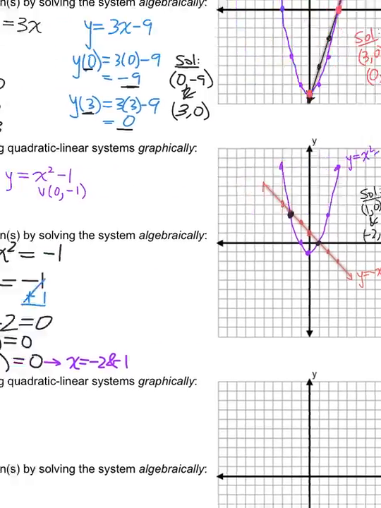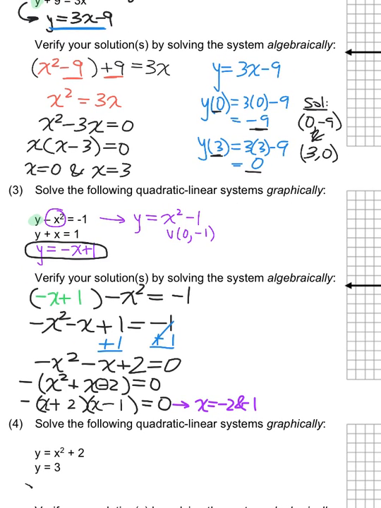Which coincides with what we have there. We also know that y is equal to -x plus 1. So I'm going to compute y of -2 and y of 1. -(-2) plus 1, -1 plus 1.